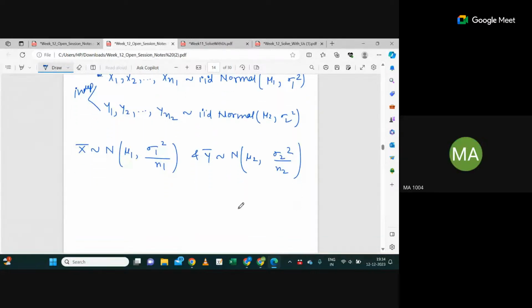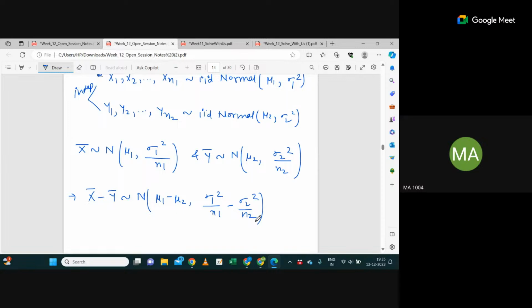Now tell me, just be clear with this kind of concept, this kind of clarification is important. What about x bar minus y bar? If it is normally distributed, what will be the mean and variance? Mu1 minus mu2, and sigma 1 square by n1 minus sigma 2 square by n2. Is this correct?